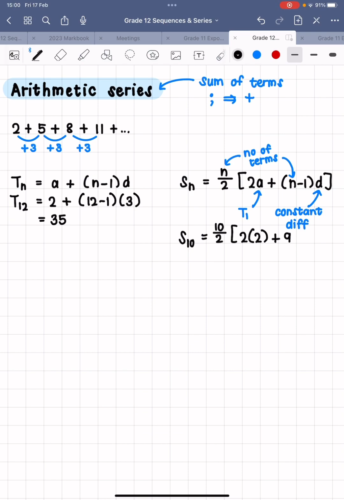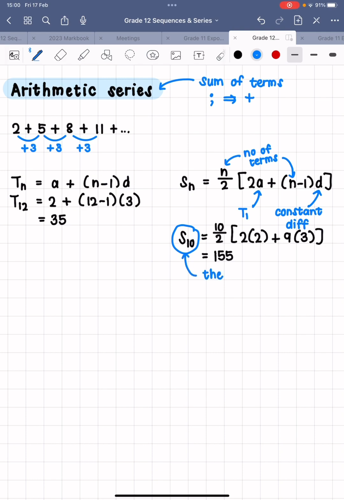It's fine if you put 10 minus 1 in brackets first. And then the difference still is 3. You would then just type that into the calculator, and that will give you an answer of 155.